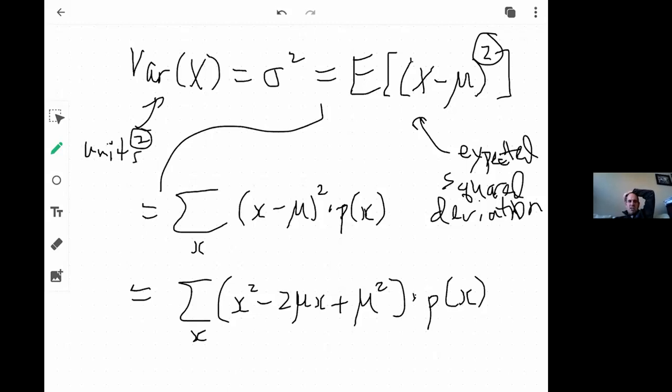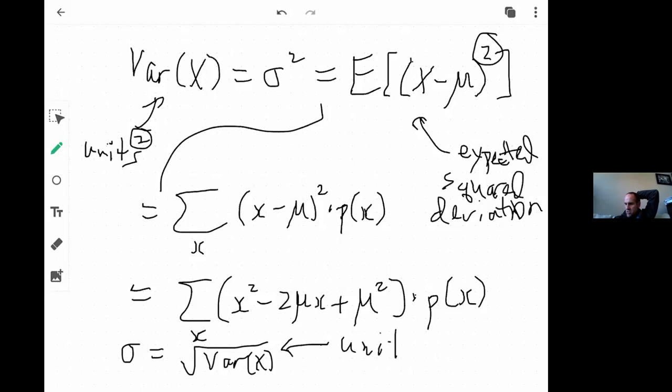So when I go to the standard deviation, sigma, it's just the square root of the variance of x. These are back to the original units because I've taken the square root, so I'm comparing apples with apples. If I were to compare ordinary units to squared units, that wouldn't make a lot of sense.